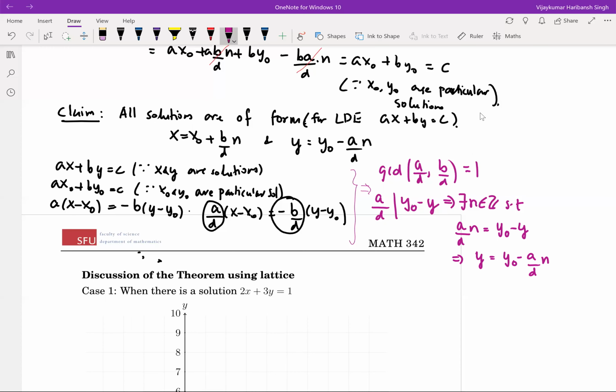Similarly, you can argue, or you can basically put this y value back in this equation.